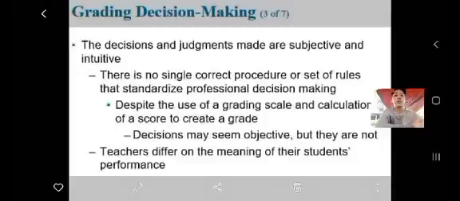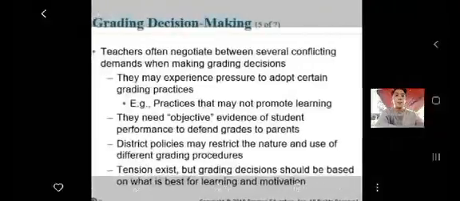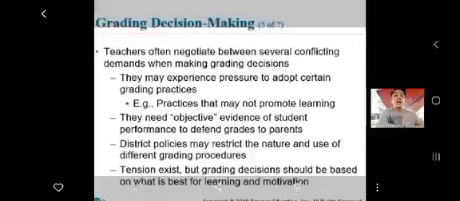Despite the use of a grading scale and calculation of a score to create a grade, decisions may seem objective, but they are not actually. Teachers differ on the meaning of their students' performance, and teachers often negotiate between several conflicting demands when making grading decisions.